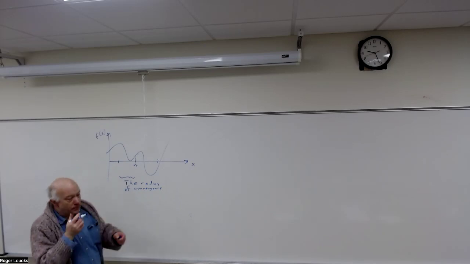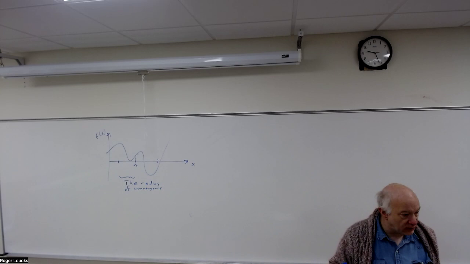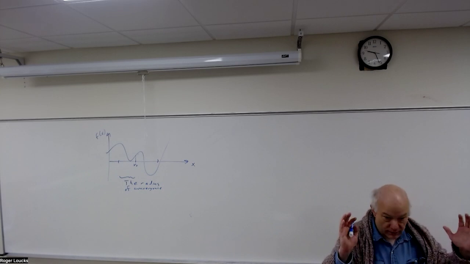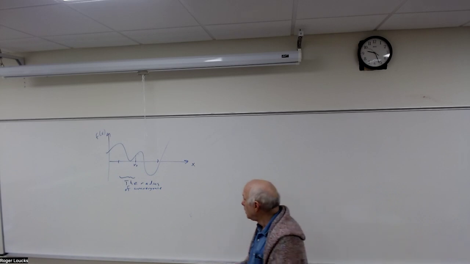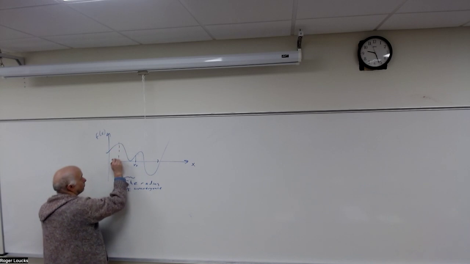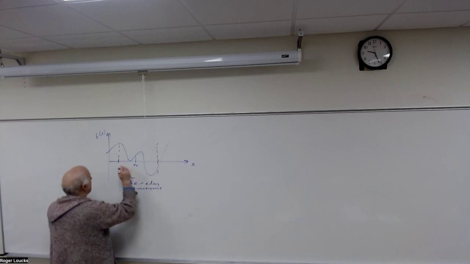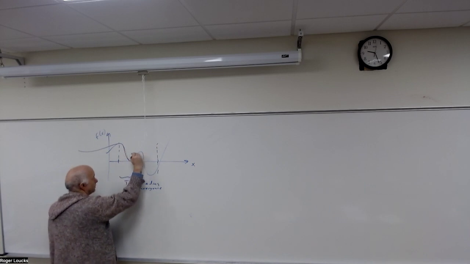And I'm going to have a power, oh, but you can put your homework right there. I'm going to come up with a power series that basically approximates that function within that radius of convergence. Meaning, I have something that in this region here might look like this.